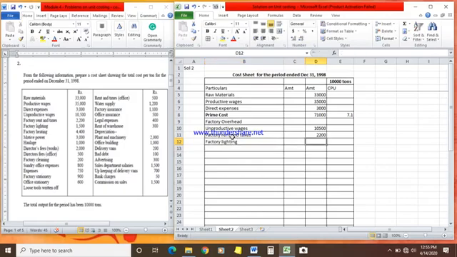Factory lighting, 1,500. Factory heating, 4,400. Motive power, 3,000. Haulage, 1,000.